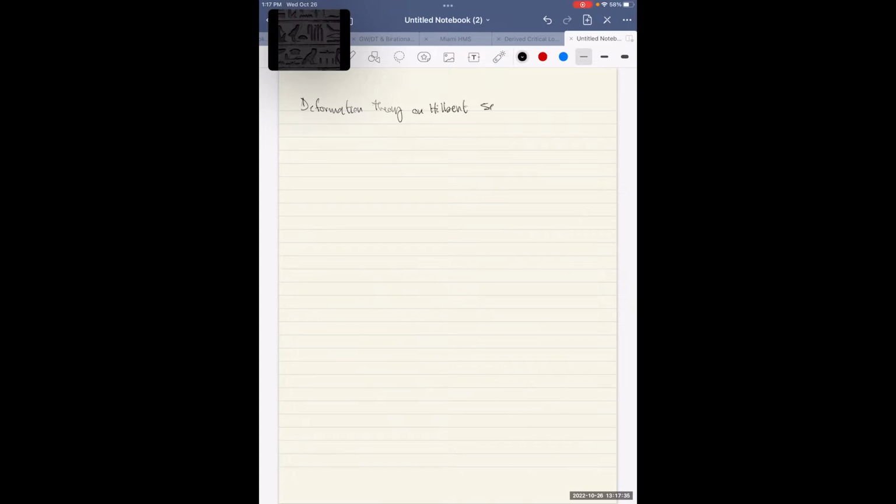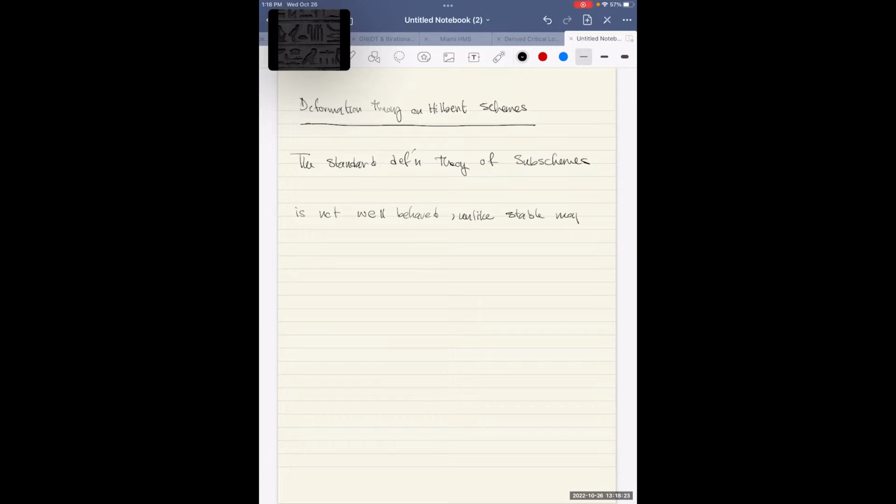The standard deformation theory of subschemes is not well behaved, unlike stable maps, which had a well-behaved deformation obstruction theory.